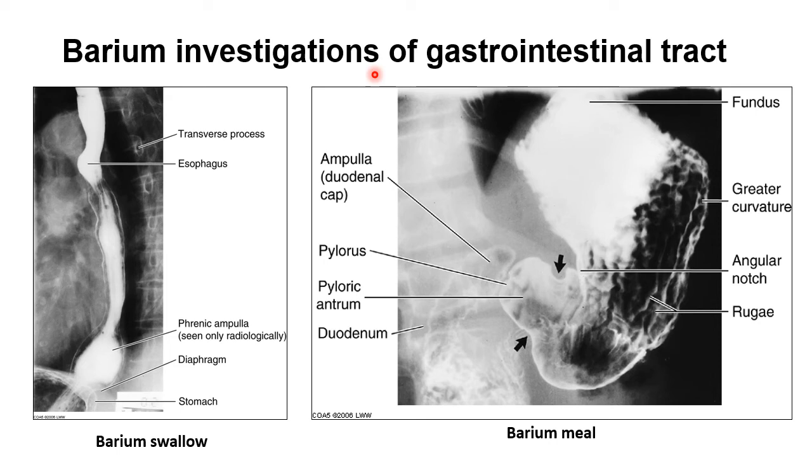So barium investigation, this is a type of X-ray, but it's a contrast X-ray, which means usually a plain X-ray will not show you a lot of details of the gastrointestinal tract. Now if you want to visualize more structures, to see more details about different parts of the gastrointestinal tract, that's why the contrast is introduced into the different parts of the gastrointestinal tract.